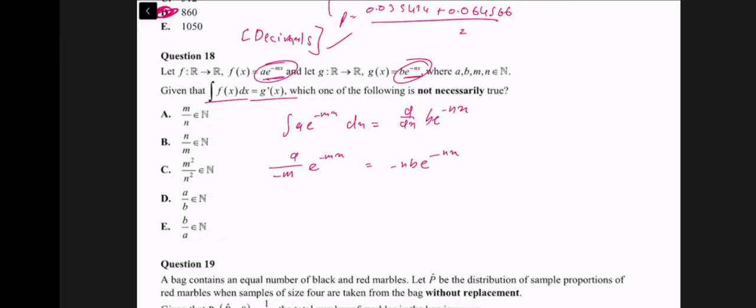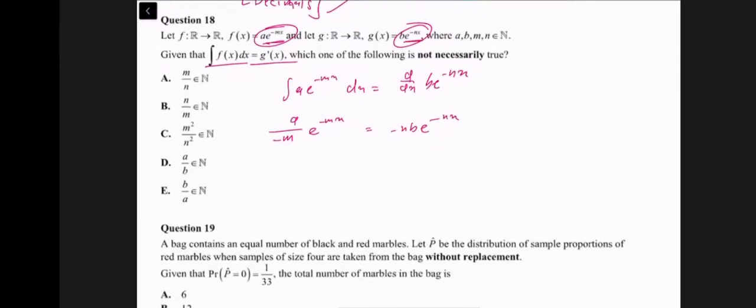You don't have to worry about constants in this case because, as I said before, if you know you're looking for comparisons, you can ignore the constants. If you had c and k, they just add up to be anything. It could be 0 for all we know. We don't really care about them.